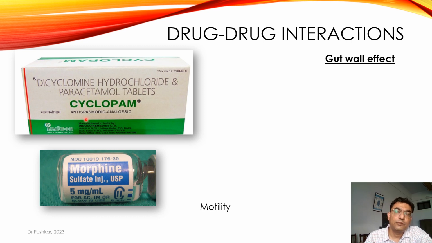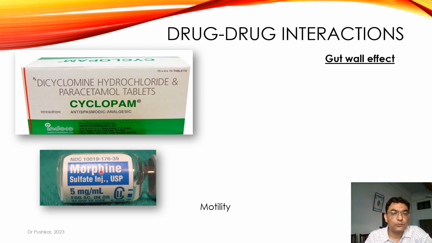So the parasympathetic nervous system is the cholinergic nervous system, and when it is activated, peristalsis is happening. And if there is some infection in your gut, this peristaltic movement feels like spasm. We want this spasm to stop, so we give an anticholinergic, and one important anticholinergic is dicyclomine. It is antispasmodic.